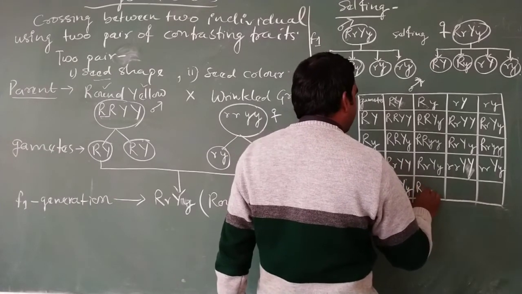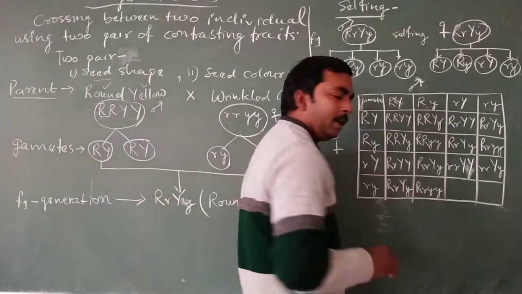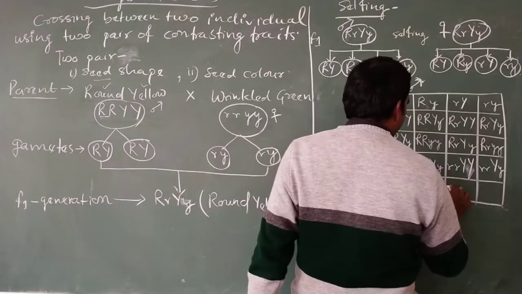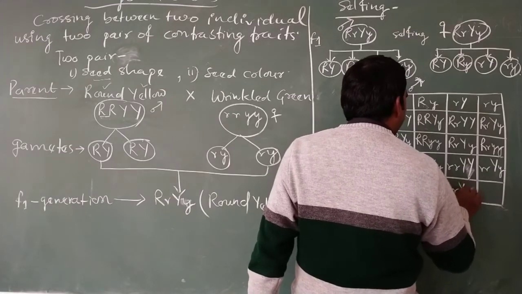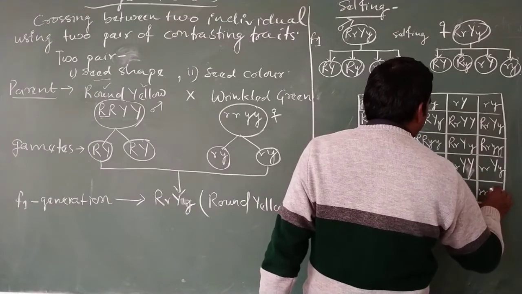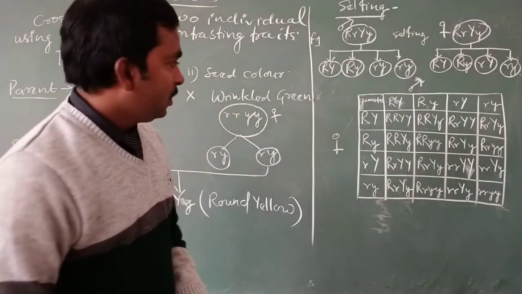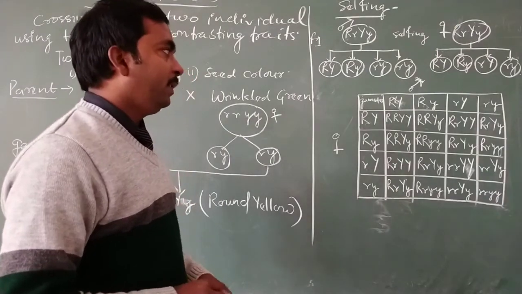Then capital R, small y. And the third possibility is small r, capital Y, small y. And then lastly small y, small y.